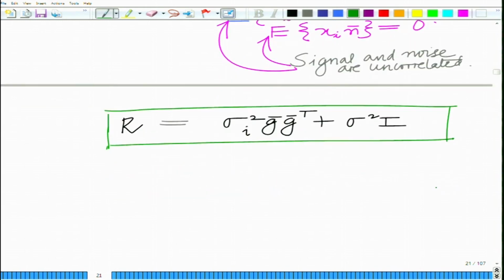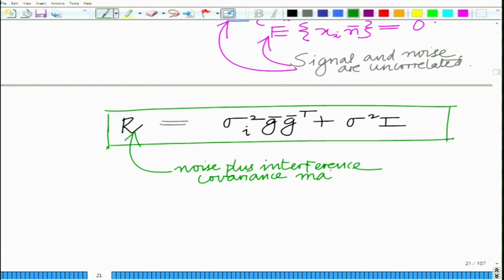So, this is your noise plus interference covariance matrix corresponding to this scenario of multi-user beamforming with interference.